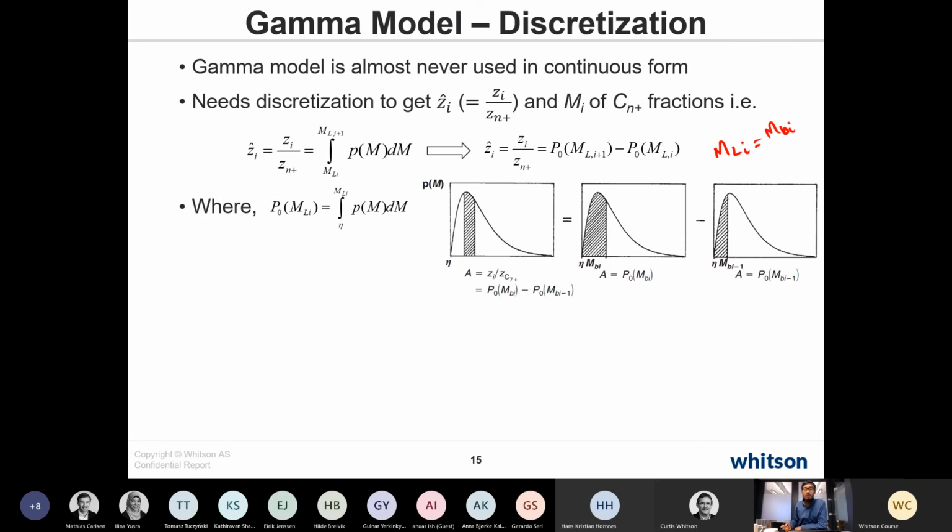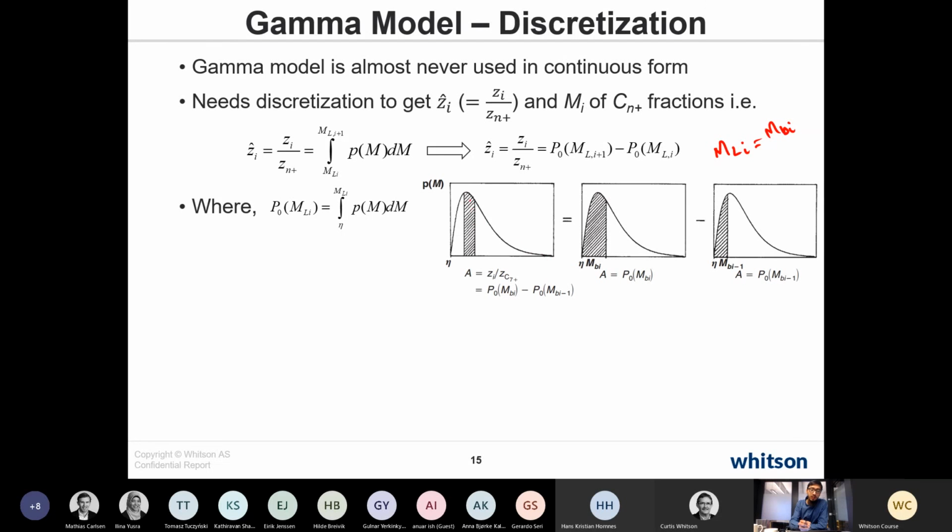That's the lower molecular weight boundary that is specified for each fraction or cut that you are interested in, and that will discretize this continuous function.